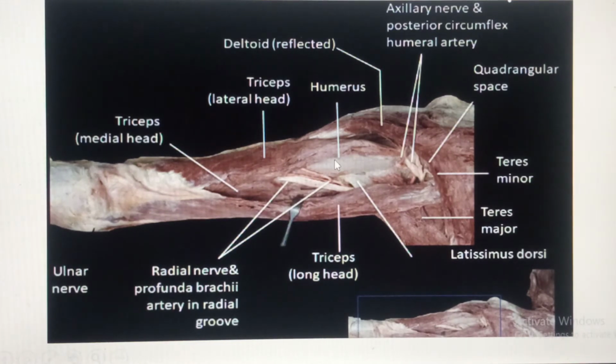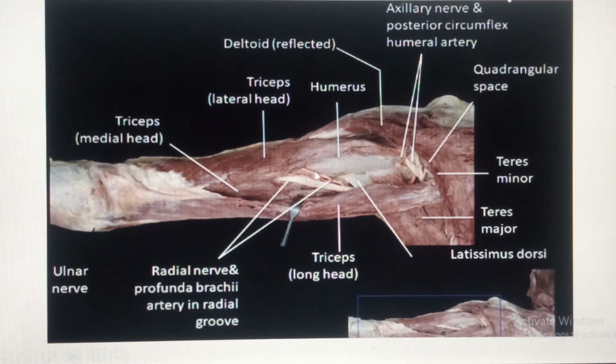Above the spiral groove, we have the lateral head of the triceps brachii muscle, and below the spiral groove is the medial head, and taking origin from the infraglenoid tubercle is the long head. At the end of the day, they combine to form a single tendon to insert at the posterior aspect of the olecranon process.